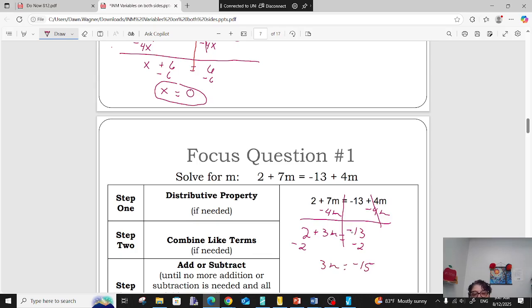This is negative, this is negative. They're both negative, so we add them together and keep it negative, right? Okay, so now I'm going to divide by 3. M is equal to negative 5.